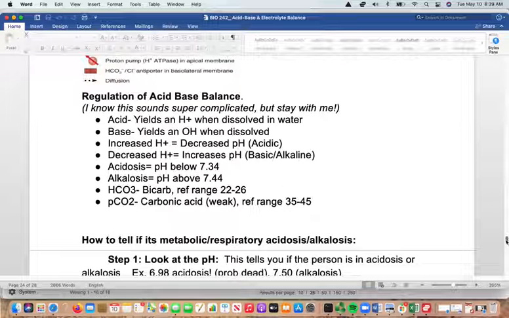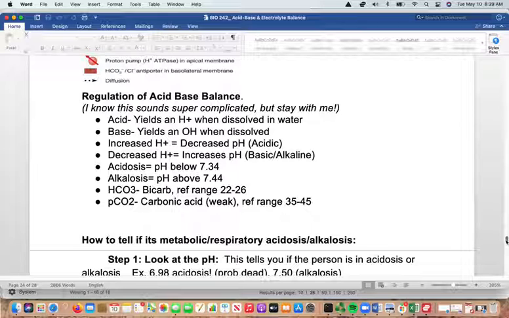So when we regulate acid and base balance, remember acid is going to yield a hydrogen ion when it's dissolved in water. Bases yield a hydroxide. So if you have increased hydrogen ion, you decrease the pH. It's more acidic. If you decrease the hydrogen ion, you increase the pH. It's more basic or alkaline.